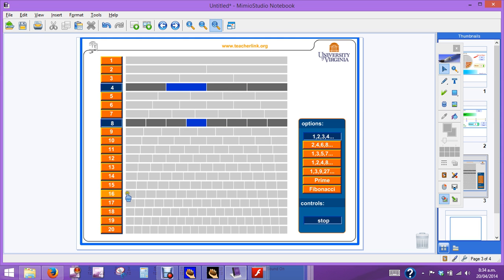So to get there, they've got to go twice as fast. Notice that the 4ths, 8ths and 16ths get to certain points at the same time.